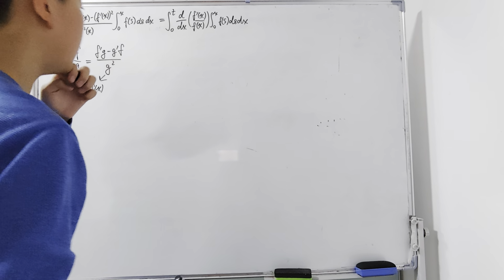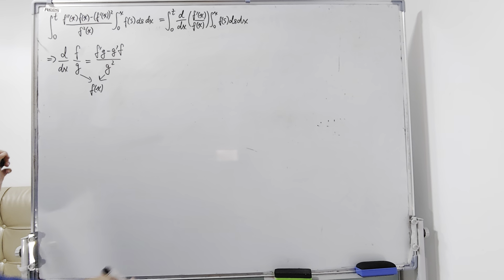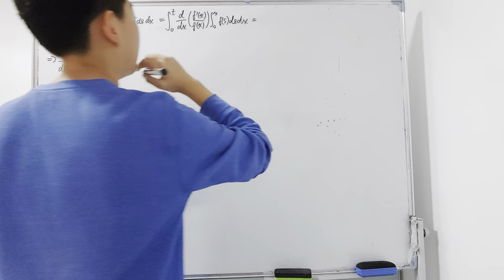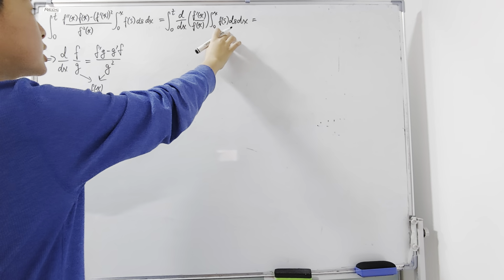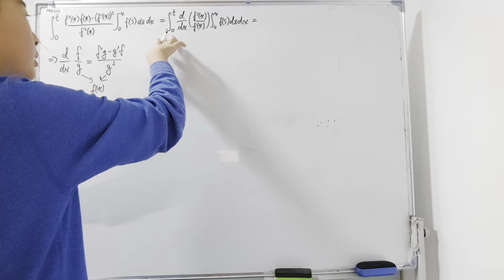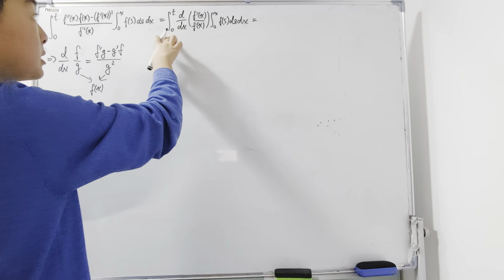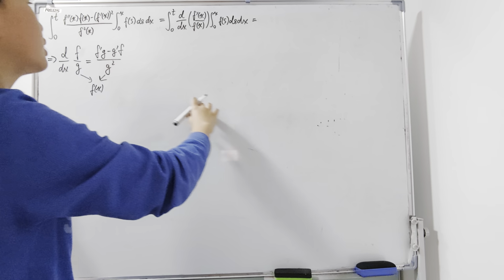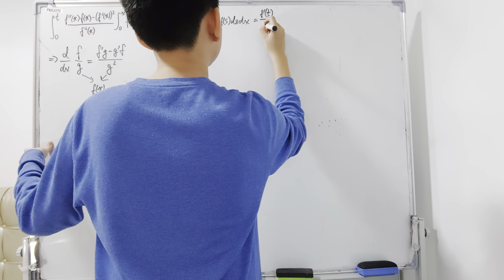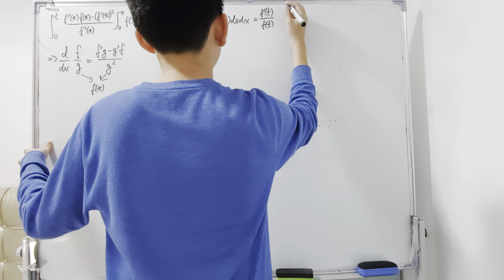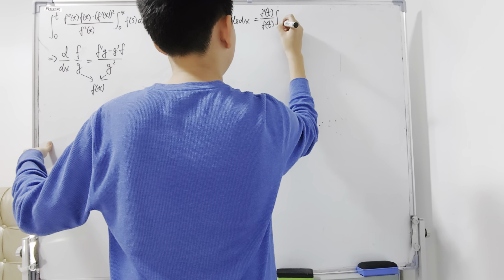Okay, so that was a nice first step. We now have a clear way forward. If you were to integrate this by parts, the first thing is to take this times this, and then evaluate it, and then subtract this. So first of all, we have f prime over f, and then this entire chunk just evaluated at t.